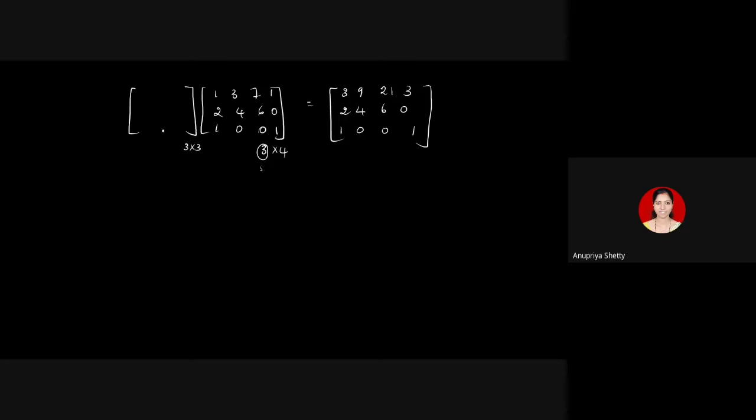So I want an elementary matrix which, on multiplication to this matrix, should give me a matrix where the second and third rows are the same as that of this matrix, but the first row has the entries 3 9 21 3. Can you see some pattern here if I compare it with the first row? What have I done to the entries of the first row of the given matrix? Multiplied 1 by 3, 3 by 3. So I want the first row to get multiplied with 3.